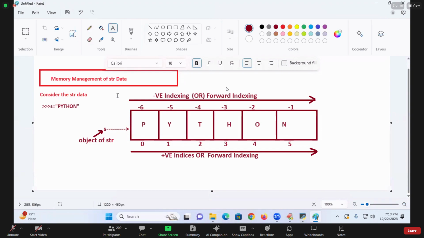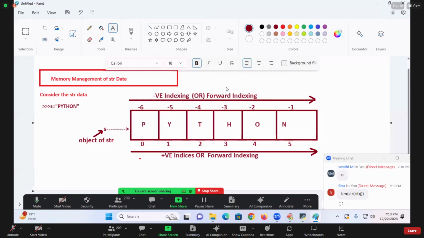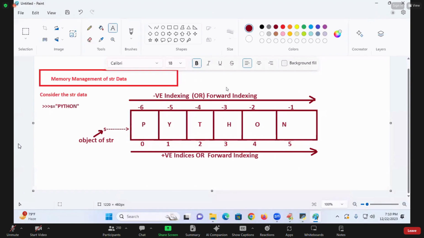That is minus len of S. Forward indexing is 0 to len of S minus 1; negative indexing is minus len of S to minus 1. These are the very important points. Nobody will ask easy questions. They will ask very complicated questions. Correct or not?